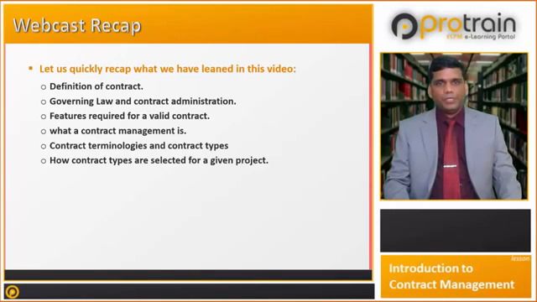We talked about contract terminologies such as offer and acceptance, contract types, and how the contract types are selected for a given project. We also learned that if the contracts are not managed properly, it can reflect poorly on the project budget, company's operations, public reputation, customer service.